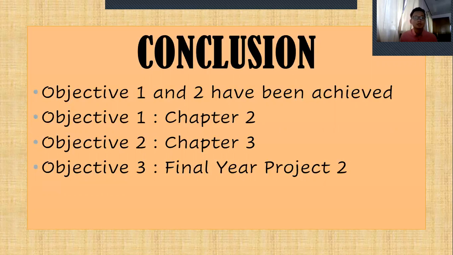The first objective has been discussed briefly in chapter 2, the literature review, which is to analyze the factors that may contribute to the damage of house roofs. And the second objective is completed in chapter 3, the methodology. The objective is to provide the most appropriate data to construct the model based on the actual house.